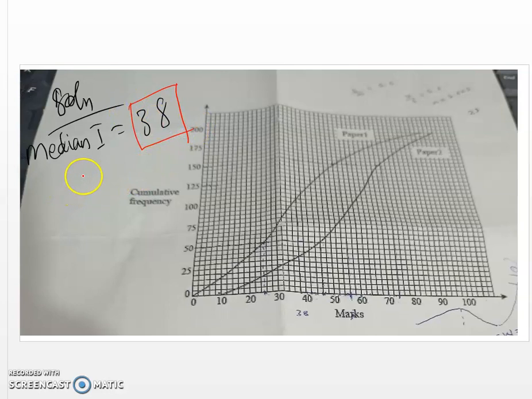So what will be the median 2? The median 2 will be taken from paper 2. If you observe, paper 2 has gone beyond 100, and from here we have got 100 plus 3. This is 103. So 103 plus 1 will give you 104. 104 divided by 2 will give you 52, but this is the last interval. And if you observe, we've got 10 interval each, from 0 to 10, from 10 to 20, 20 to 30.